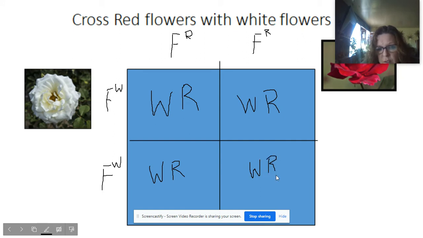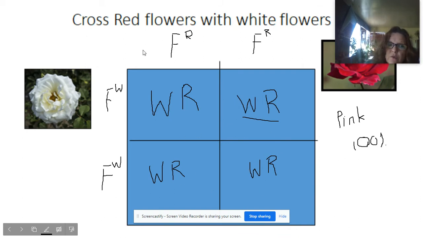So if we went back to the concept of the red and the white mixing together like paint, if we're getting a white and a red allele, you should be able to understand that the phenotype for that is pink. You're going to get 100% pink. So all your offspring are going to be pink, 100%, when you cross red and white flowers.